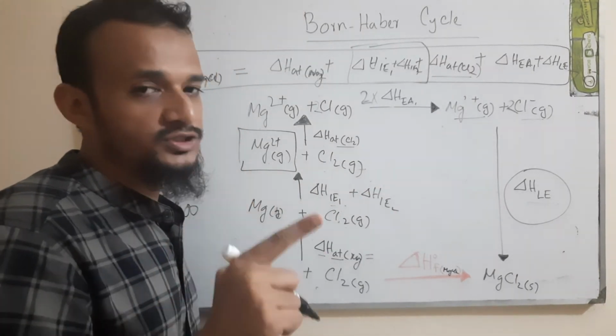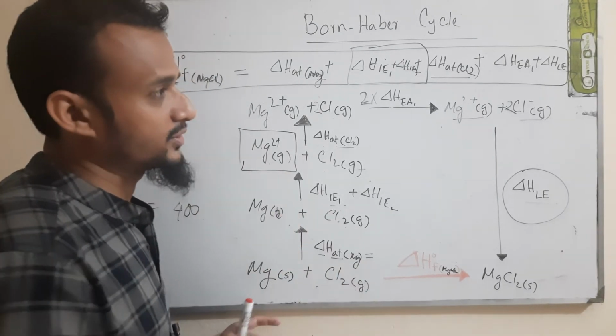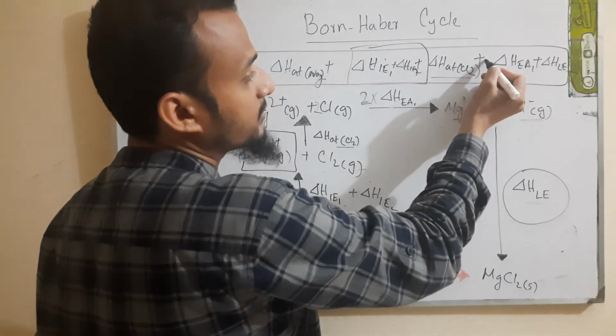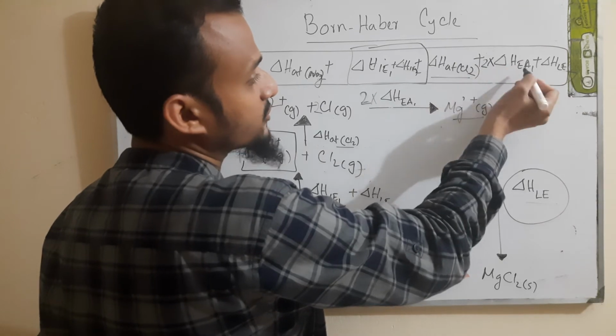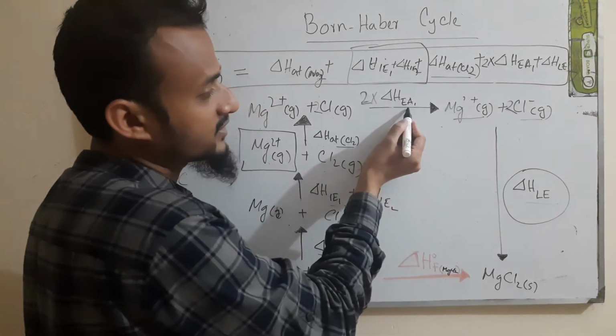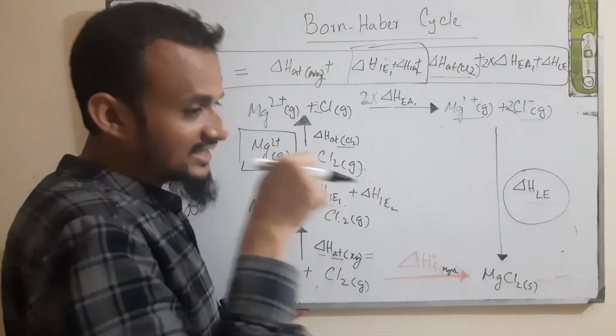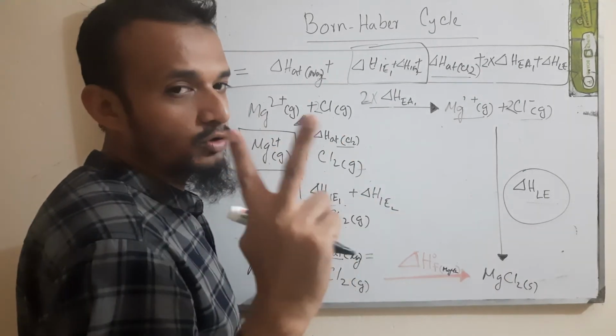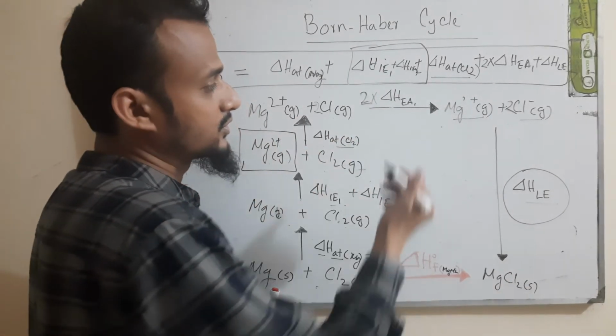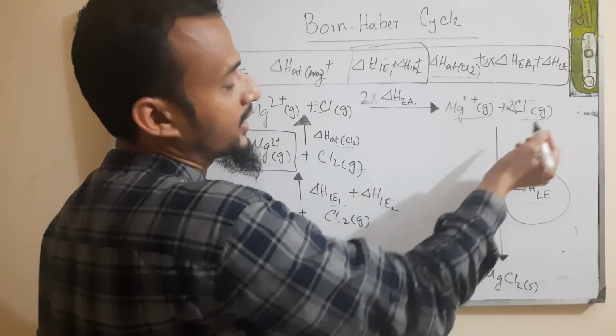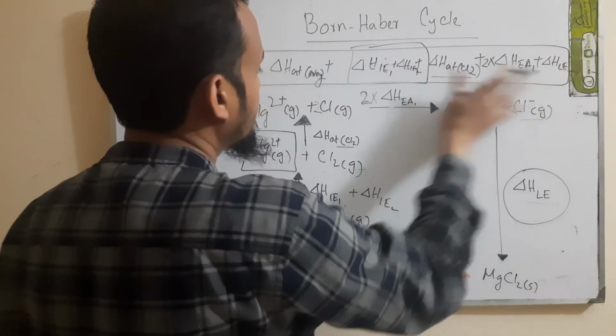It will be equal to the Cl bond energy. Now here we need to multiply by 2 into electron affinity, right? Because you are giving electrons, but there are 2 moles of gaseous atoms, so you have to multiply by 2. Delta H lattice enthalpy. Everything is set.